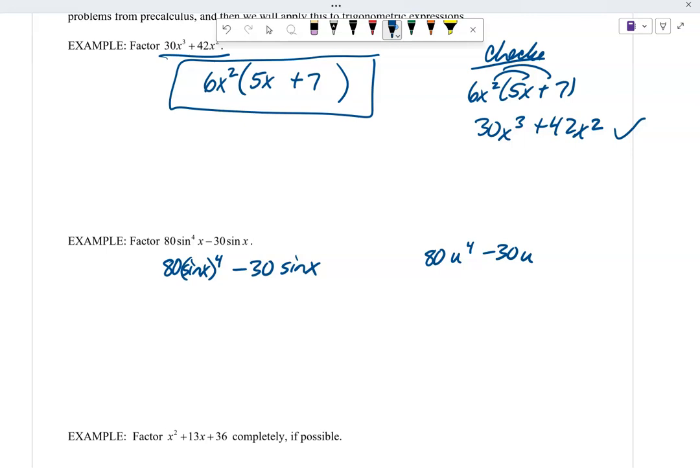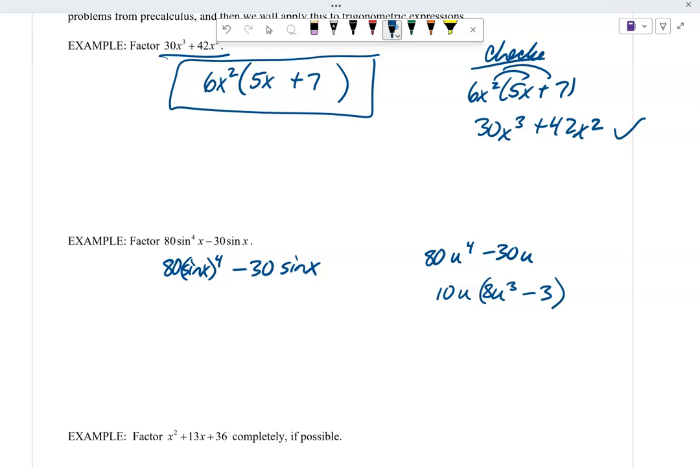What's the greatest common factor of 80 and 30? 10 is the most I can take out. And what's the greatest common factor of u to the fourth and u? It'd be u. And then you'd have u times 8u cubed minus 3, right?